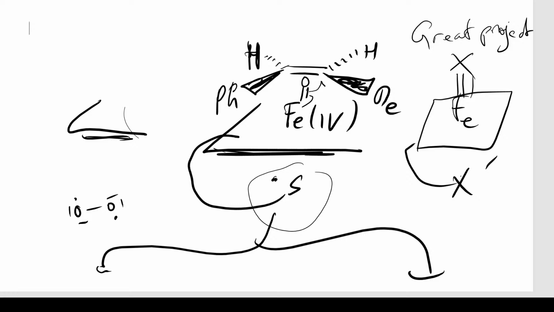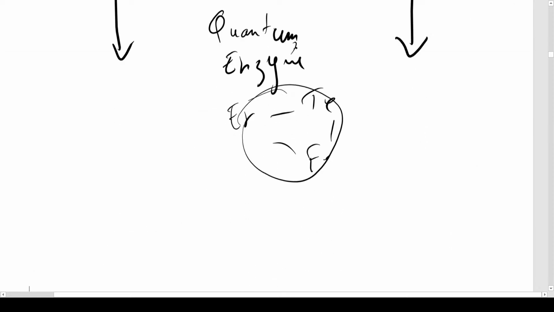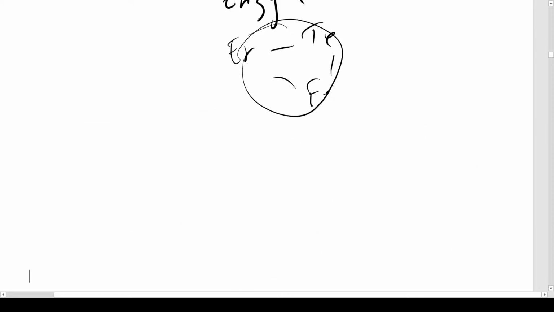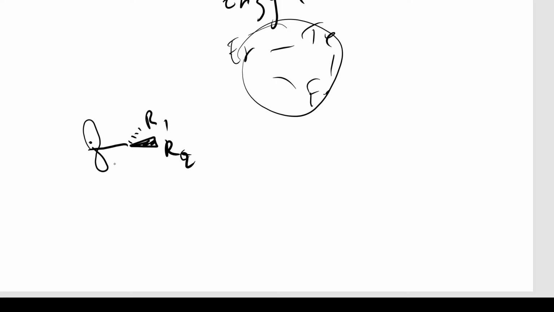Okay, it's a radical reaction. You get your singlet. Iron 3.